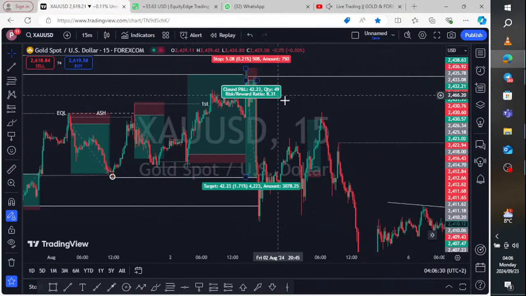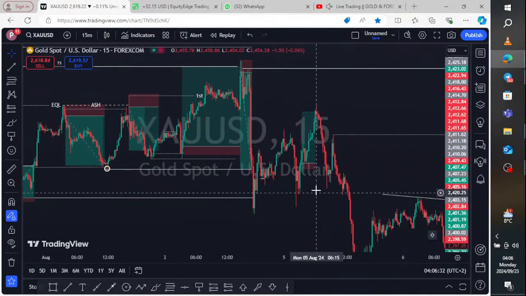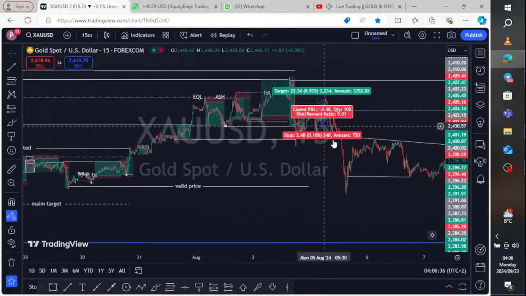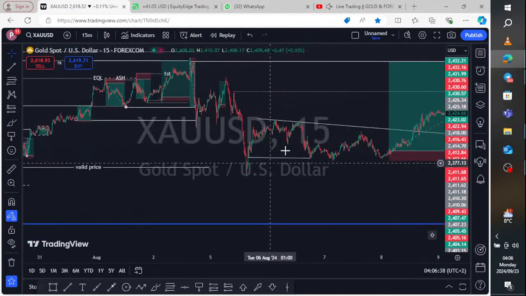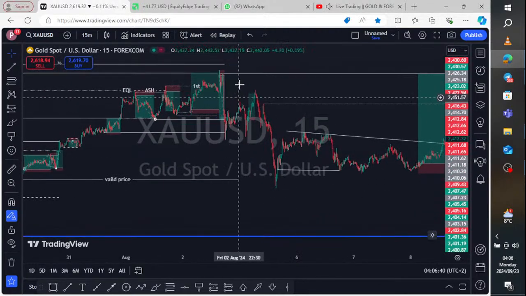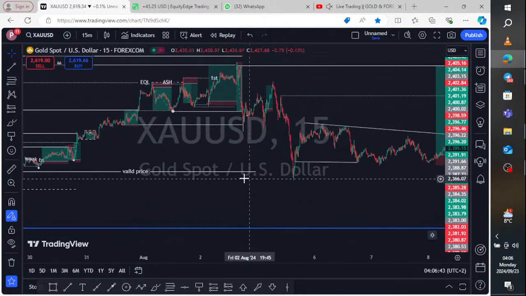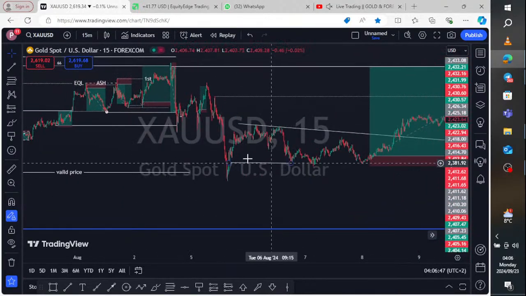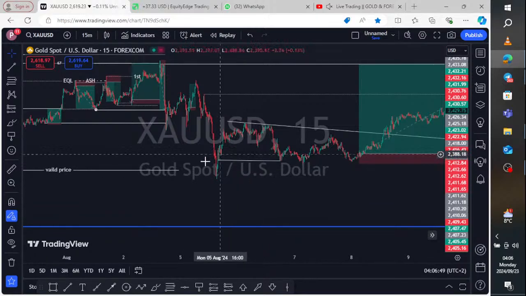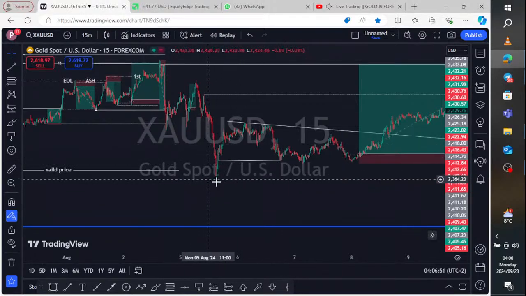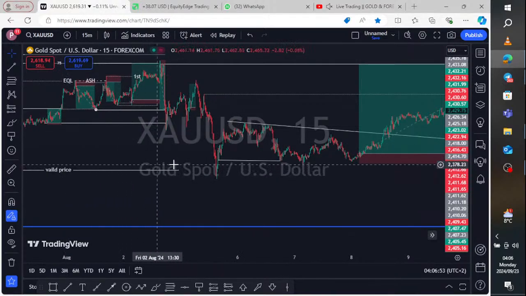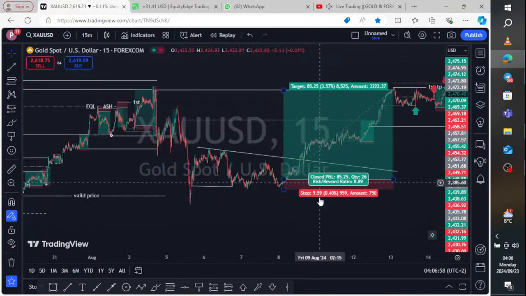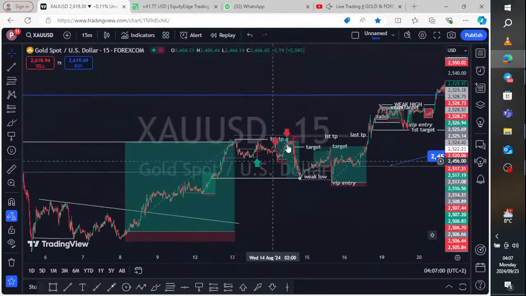As you can see, price did drop, even further to these areas, because there are certain key levels that I look at. You can also take a look at areas like this. I was looking at the rejection from here. Unfortunately, I didn't look for a setup, but price did respect this area because it was valid, and after it respected that, it kept on pushing higher and higher ever since.